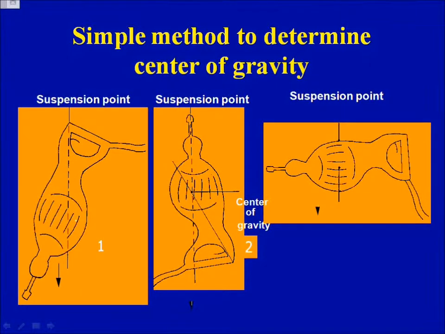By the way, a simple method to determine center of gravity, which is kind of fun. Take any object. If I wanted to find out where the center of gravity is here, I would just hold this by one point and draw a line here, and then I would suspend it from another point and draw a line here.